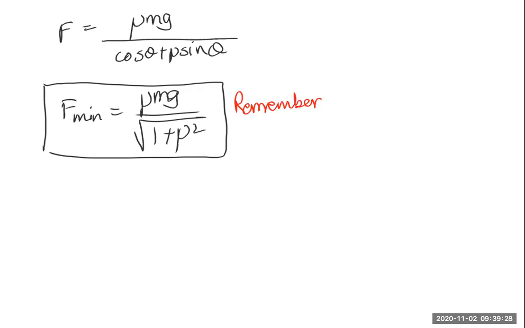Okay? So why do you have to remember this? The first thing is that obviously this is something new you have learned. You did not know this before today, before now.